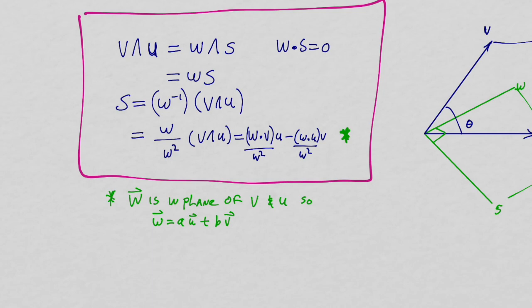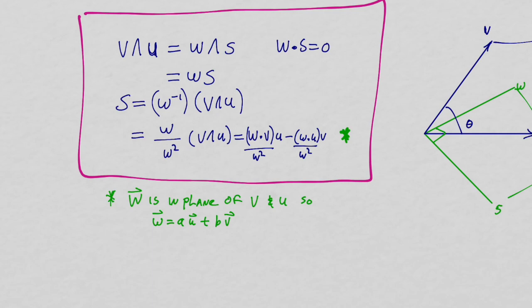Because if I take the geometric product with that, I get W squared over W squared, and that's 1. If I take the geometric product of this W inverse with W, I should get 1. You end up with literally W squared over W squared, which is two of the same real number dividing each other, right? It's 1. And then you have this V wedge U.